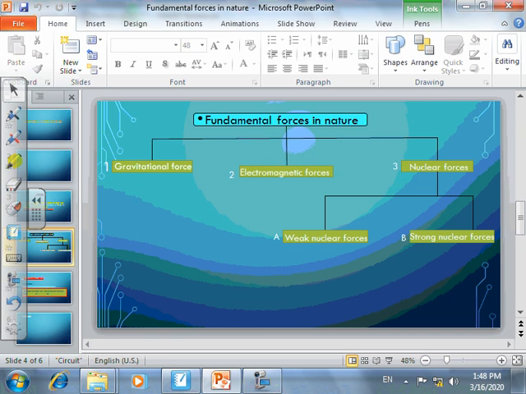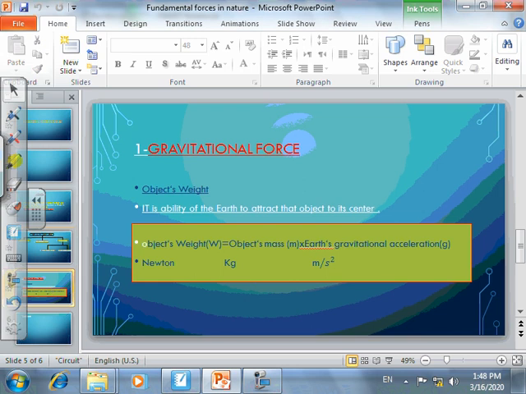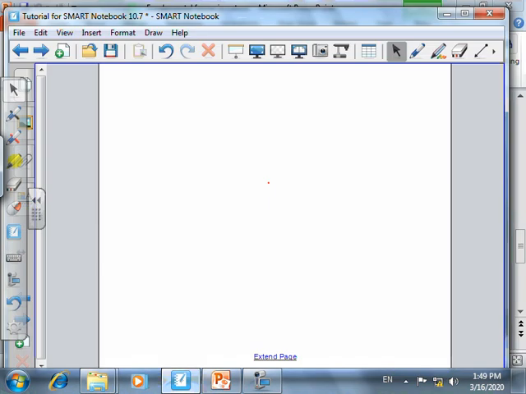The first one, the gravitational force. We know it before as weight, the object weight. What is the weight? It's the ability of the Earth to attract the object toward its center. We can calculate the object weight by the relation mass times gravitational acceleration. Last year we used a value of 10.